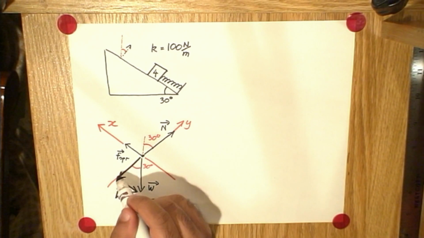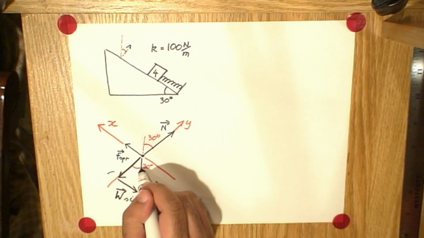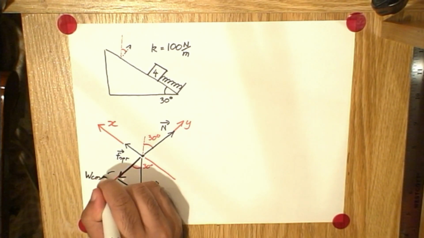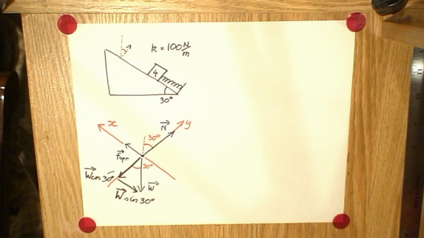Meanwhile, the component along the y direction is adjacent to this angle. That will be weight cosine of 30 degrees. So, now we have broken down the weight force into its two components.